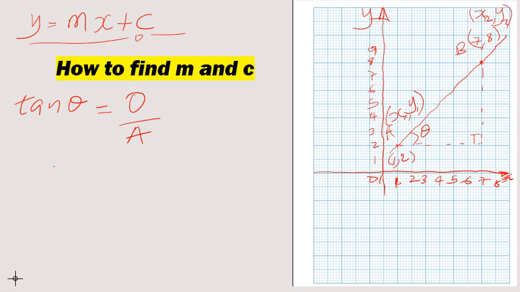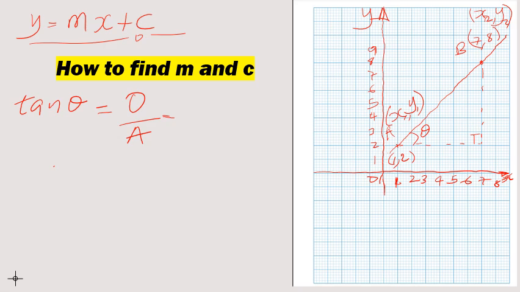Okay. Remember that Y is that one, which is 2, and this is x, which is that one. So that is the first x, so we are saying x1, and that is the first y, we are saying y1. Okay, the same applies that.